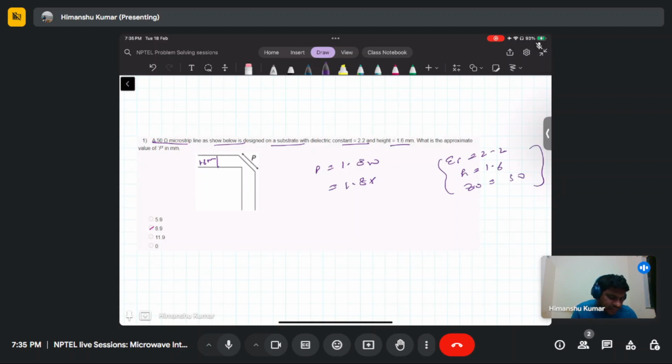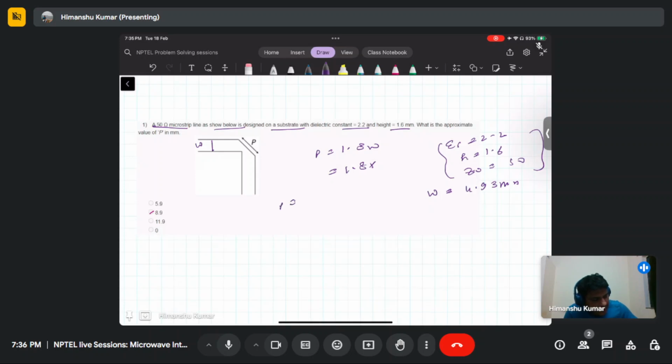So we need to calculate this width. If you calculate it, you will find that the width is around 4.93 mm. And if you calculate P by multiplying 1.8 times 4.93, it will be approximately 8.9 mm. The formula to calculate the width is given in the equation for the microstrip line.